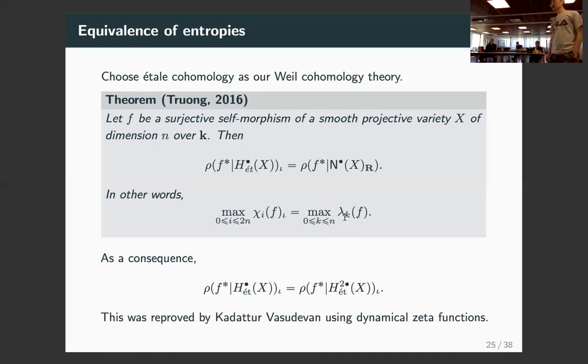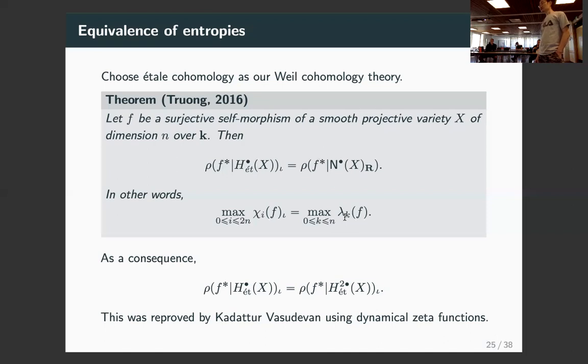So he proved the maxima of the two dynamic degrees are the same. If you remember, the DDC conjecture says that individually lambda_k is the same as chi_2k for any k. He proved that instead of individual equalities, the maxima are the same.